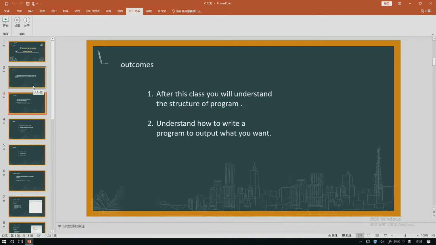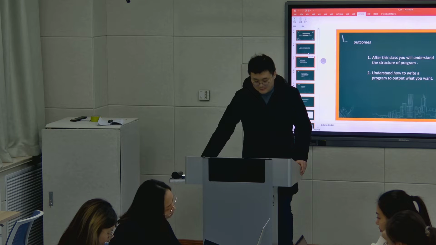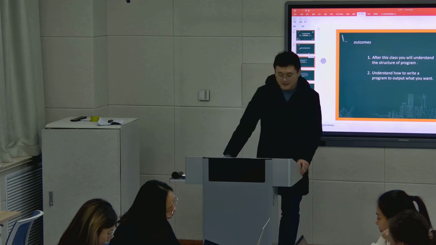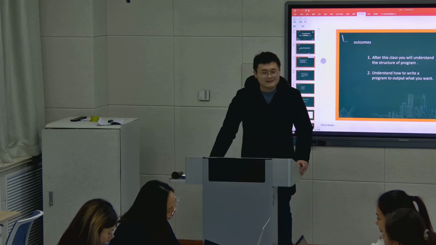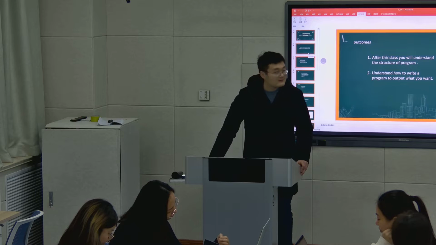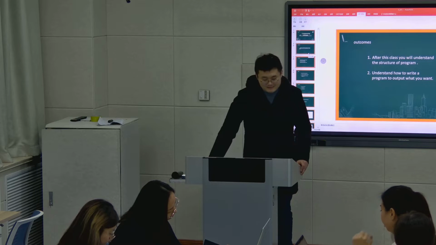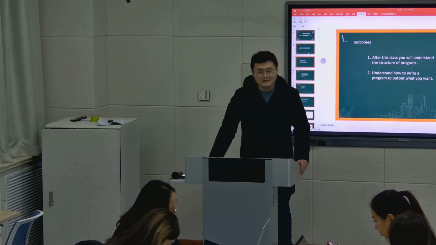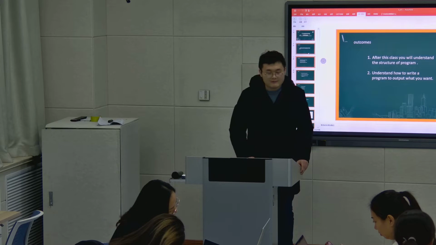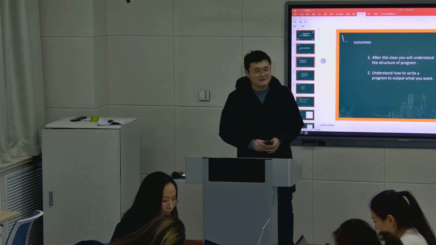So here is the outcome. After this class, you will understand the structure of a computer program and how to write a program to output what you want. In the last class, we just learned what the data type is, and we could only write a few lines and output the result.